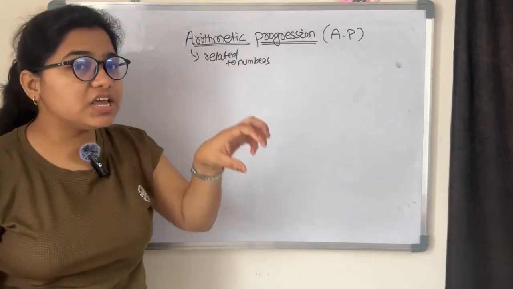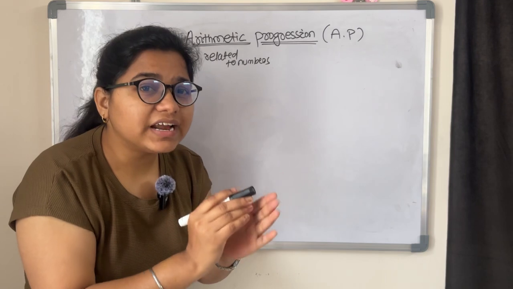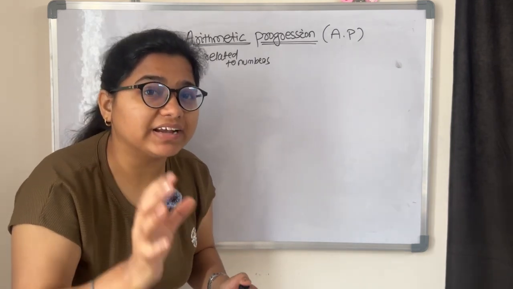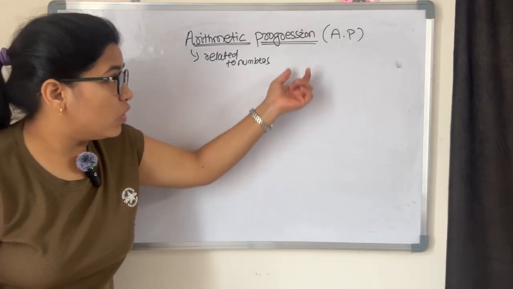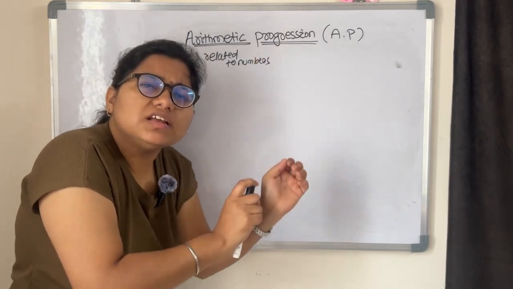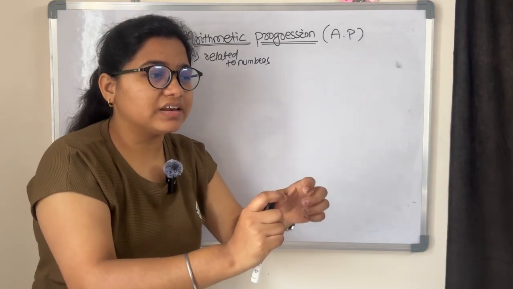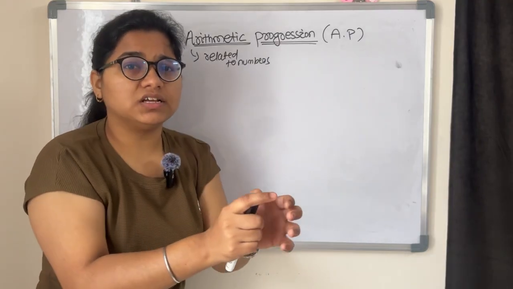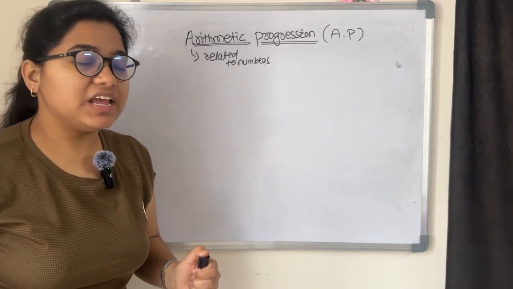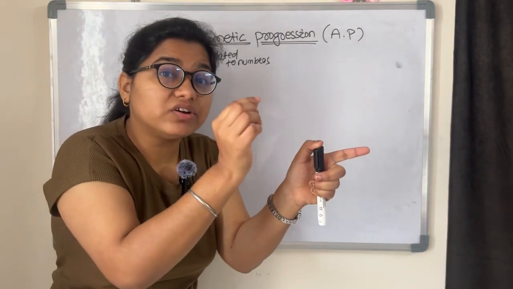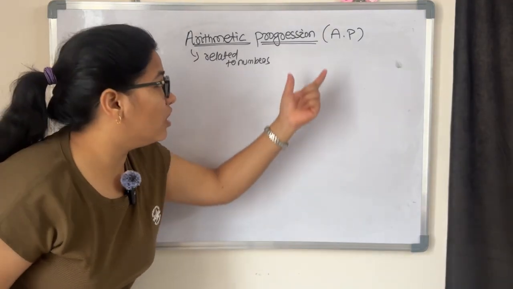Progression is a sequence where each term is related to each other with a particular pattern. If a sequence is following a particular pattern, then we can say that sequence is called a progression.